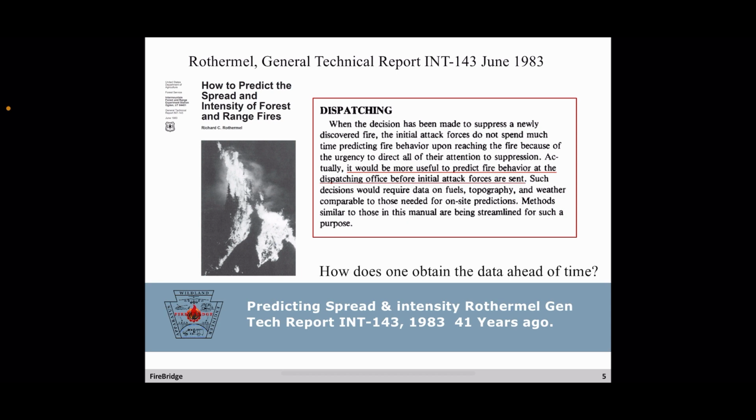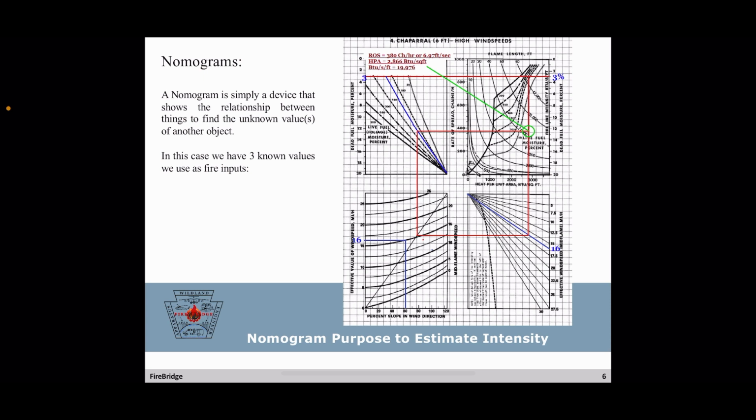So how does one obtain the data ahead of time? Like I said, nomograms. A nomogram is simply a device that shows the relationship between certain things to find the unknown values of another object. In this case, we have three known values we use as fire inputs. Those values are the slope percent, the wind speed in miles per hour, and the fuel moisture percent.